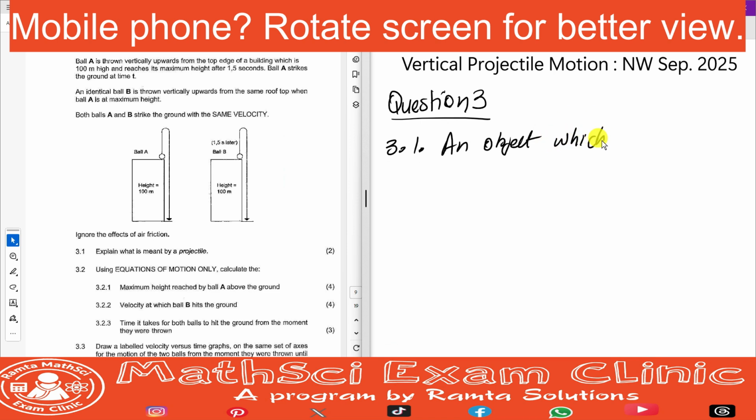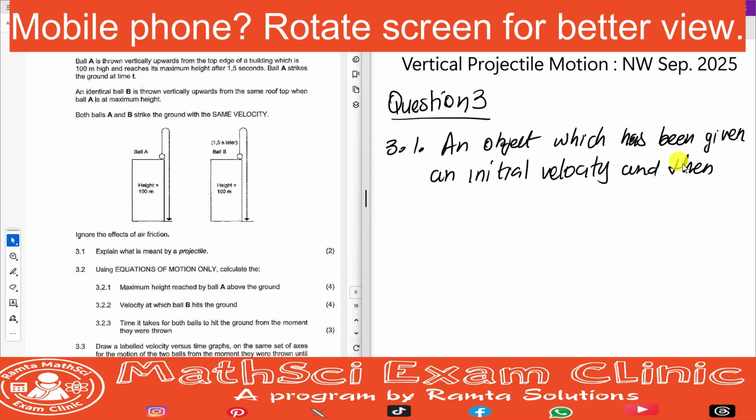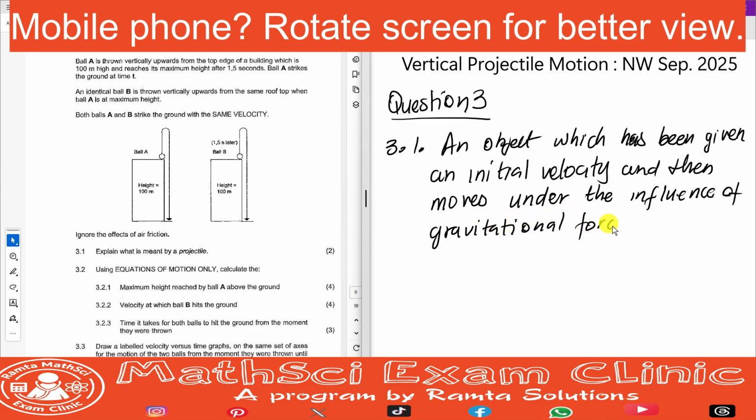An object which has been given an initial velocity and then moves under the influence of gravitational force only. Okay, this is your definition from DBE.